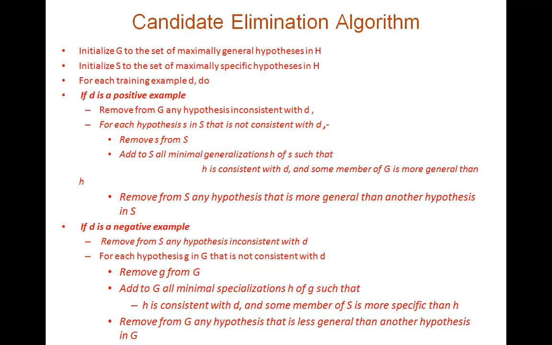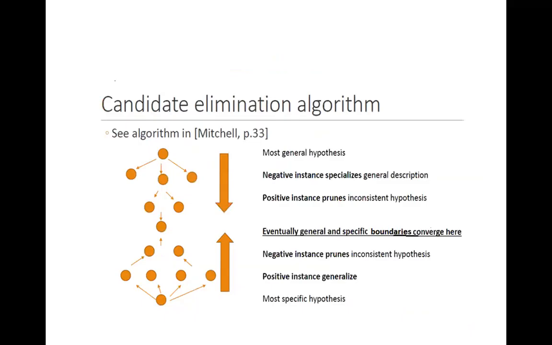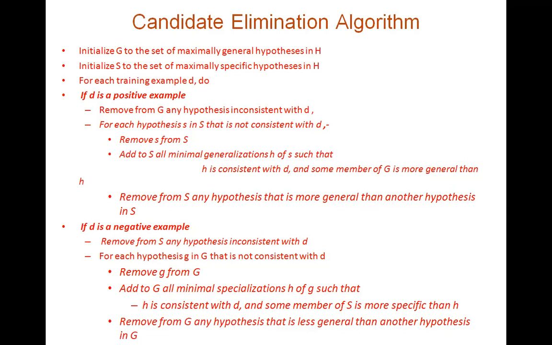G will start with all question marks. S boundary: initialize S to the set of maximally specific. Here maximally general, here maximally specific. That is, S consists of all null. The algorithm starts with G and S boundary.